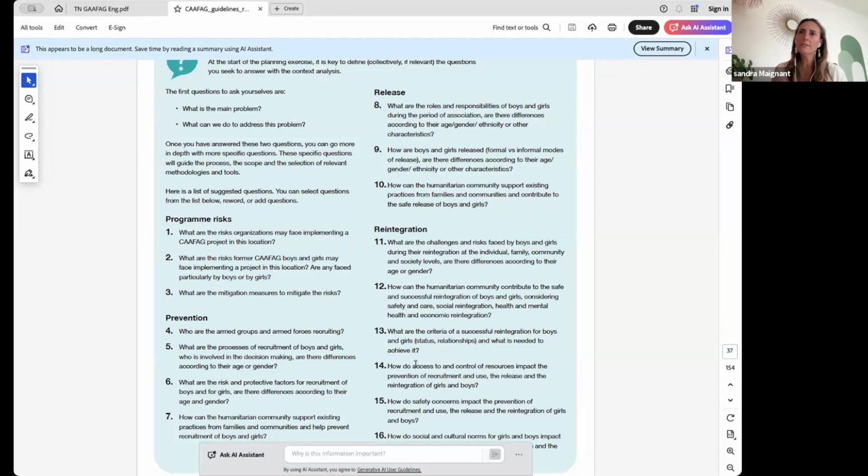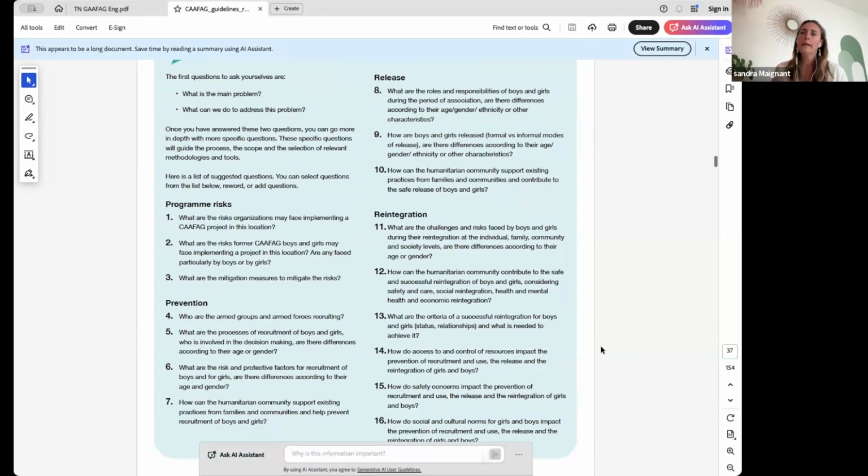And the last three questions, 14 to 16, are more related to the gender analysis, where we look at access and control of resources, safety concerns, and social and cultural norms, and how these will have an impact on the prevention and the reintegration of children. So, for example, can children safely take public transportation?